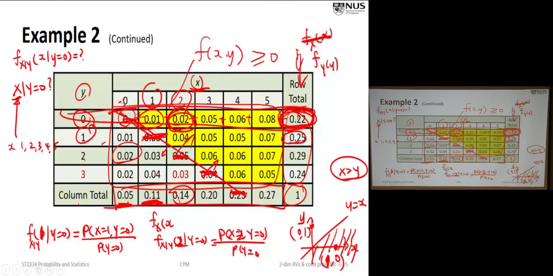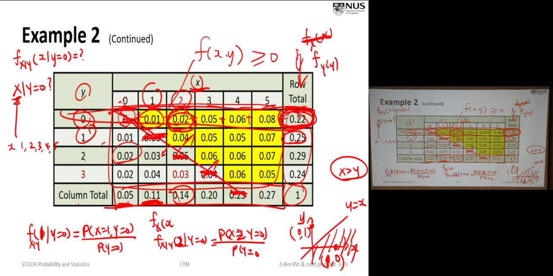We want to know what the marginal of x is. First of all, ask yourself, what are the possible values for x? x has to be 0, 1, 2, 3, 4, 5. So there are altogether 6 possible values.